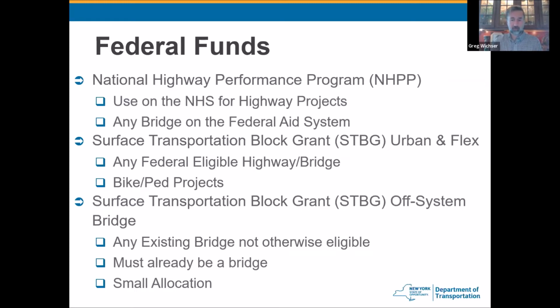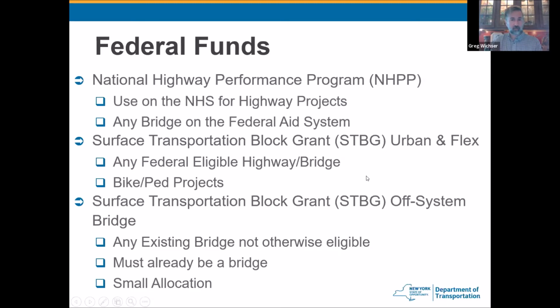We'll show you what the NHS is comprised of, but it's your interstate, your Route 9, Route 5, Route 20. Those are examples of roads on the NHS. And then the other thing NHPP can be used for is any bridge that's on any federally eligible road. It doesn't have to be on the NHS.